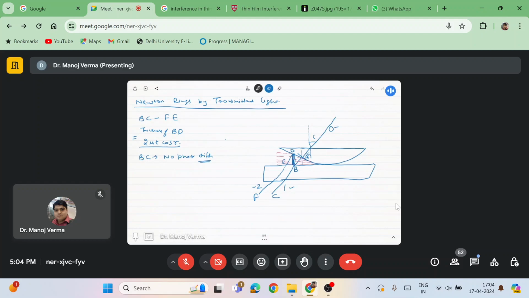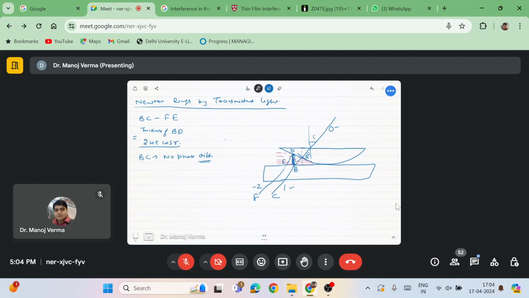A से B के बाद जब C की तरफ आया है तो भी रिफ्रैक्शन हुआ है. B से C की तरफ जब आया है लोअर सरफेस से तो भी रिफ्रैक्शन हुआ है. So there is no reflection in ray 1, directly from the zeroth ray. It is directly coming with the help of refractions. Reflection कहीं नहीं हुआ है, refraction हुआ है हमेशा. So there will of course be no phase difference because of Stokes law in ray 1, that is in ray BC. BC पे कुछ नहीं होगा.